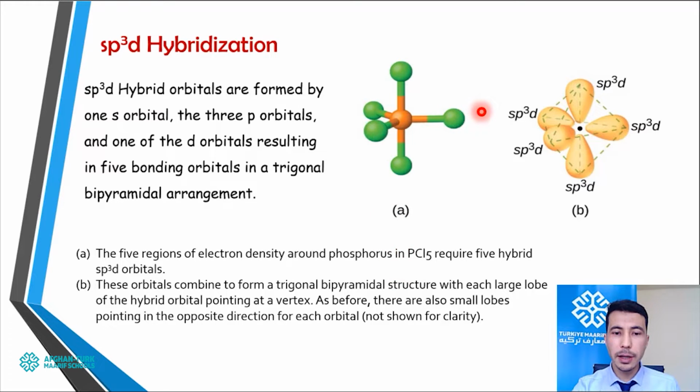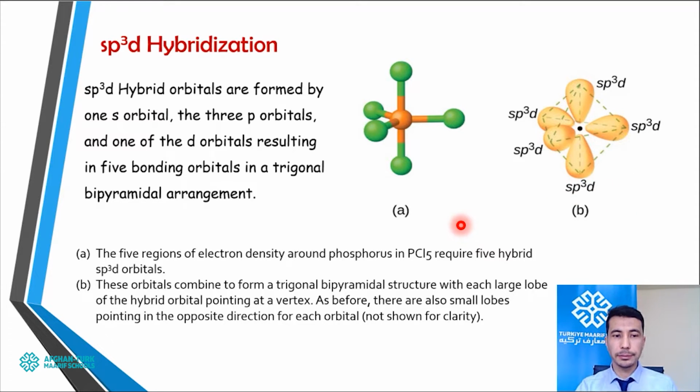You can see there are 5 regions of electron density, and this means that the 5 bonds are made up of sp3d hybrids. The structure here is trigonal bipyramidal, and these are the bigger lobes of the hybrid orbitals. There will be other smaller lobes in the opposite direction as well, but they haven't been shown in the picture for clarity.